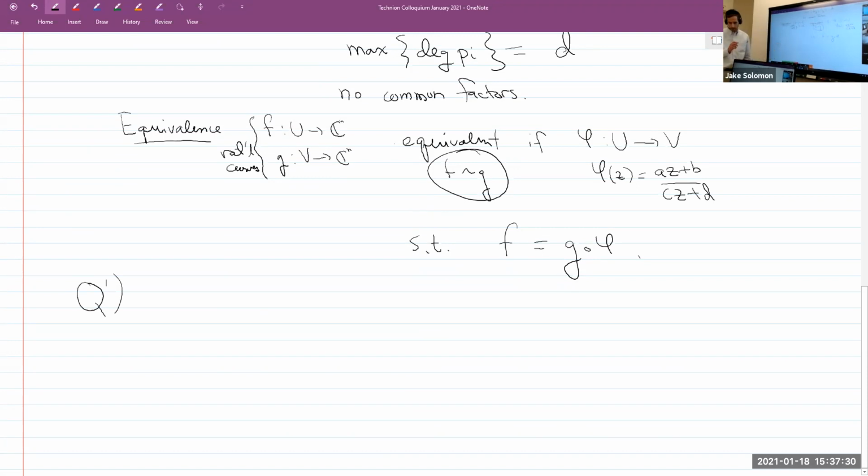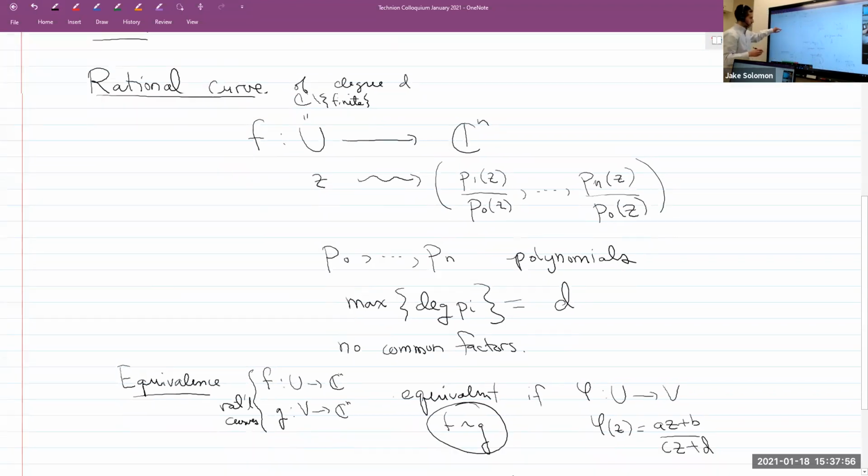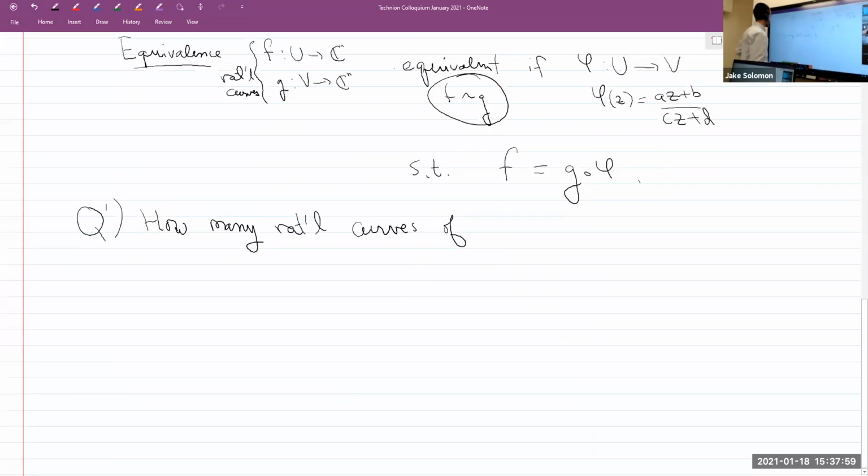How many rational curves of degree d, where d is just the maximum of the degrees of the polynomials, pass through m points in C^n?